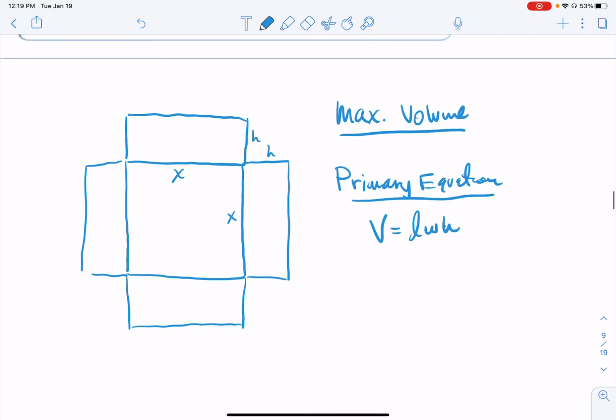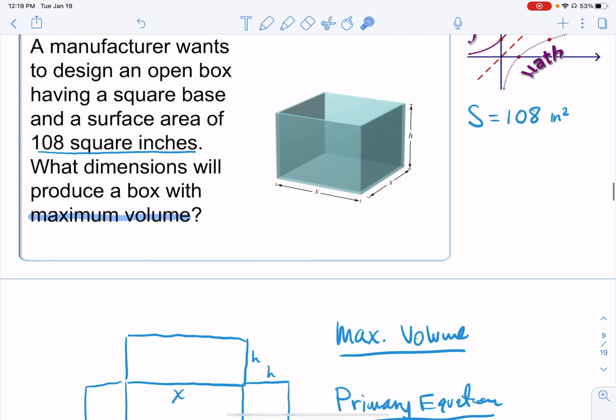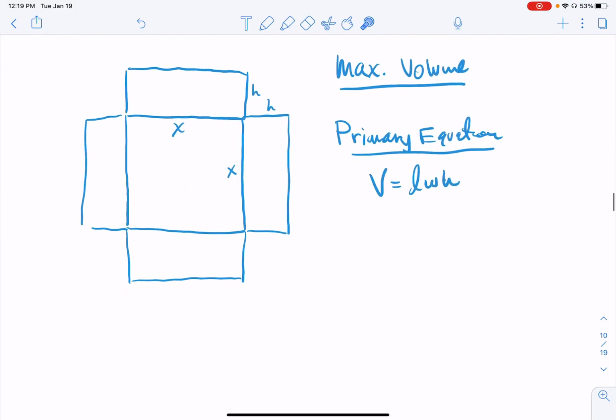And I can go ahead and substitute in some quantities already because I know my length and my width here are x and x. My height is my height, right? It's just the height there. Okay, so really my volume equation is x times x, x squared times height. There we go.